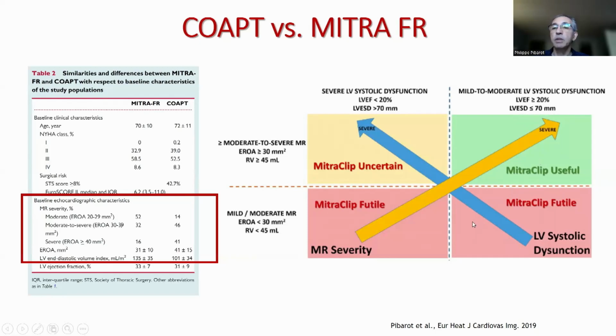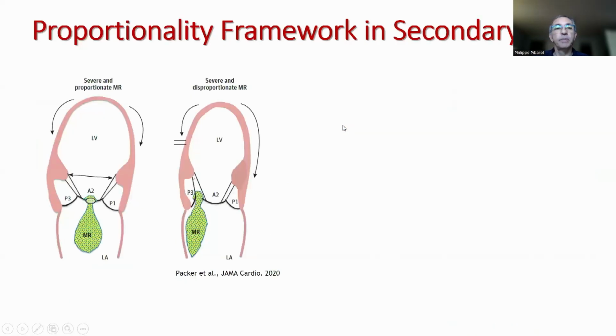That was one of the inclusion criteria in COAPT. LVEF more than 20%. On the other end, the patients who have maybe less severe MR, so mild to moderate, are less likely to benefit from an intervention that targets MR. Makes sense. And also the patients who have moderate to severe MR or more, but who have advanced LV dysfunction and dilation, well, the benefit is uncertain.